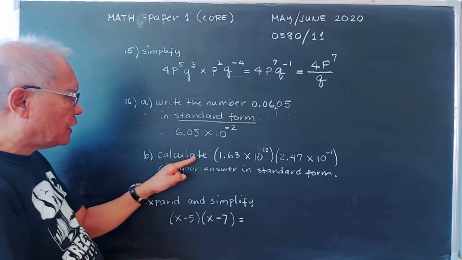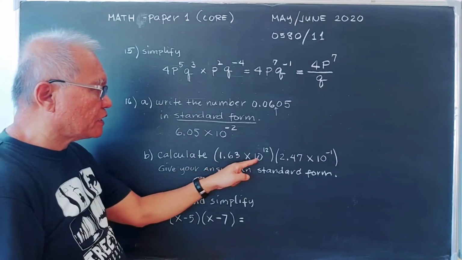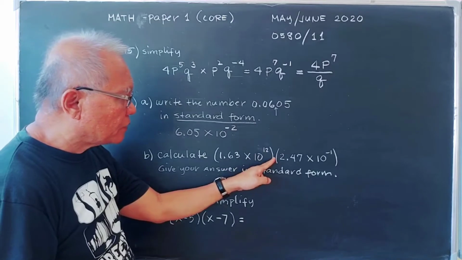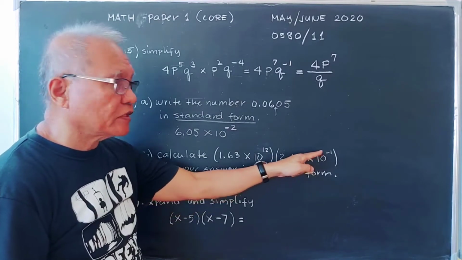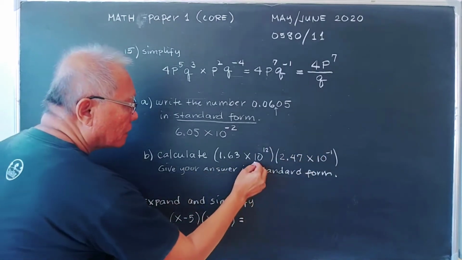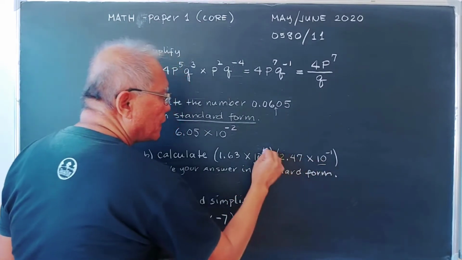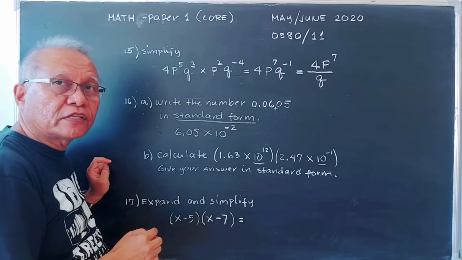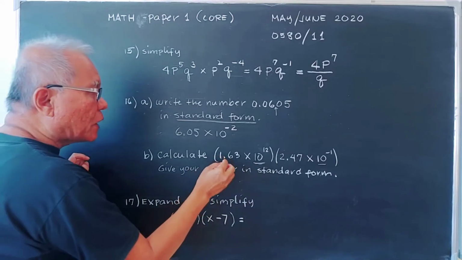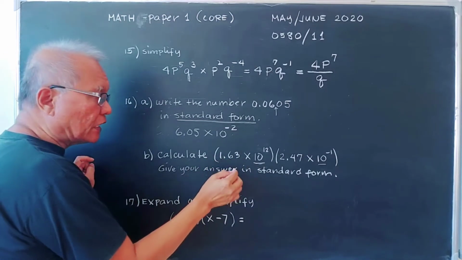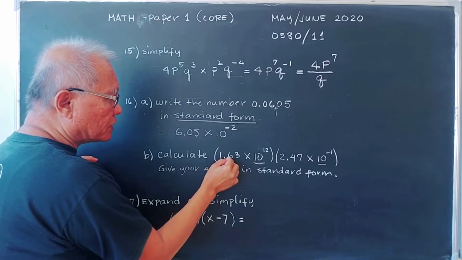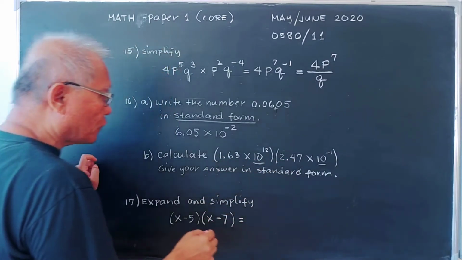Letter B, calculate 1.63 times 10 to the 12th times 2.47 times 10 to the negative 1. Here we have the same base, 10 and 10. We are just going to add the 12 and the negative 1, but we will multiply their numerical coefficients, which are 1.63 and 2.47.